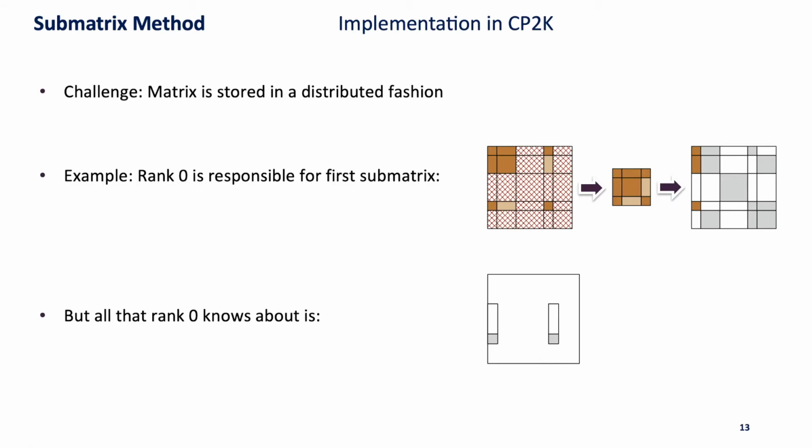Another more difficult challenge is that the matrix is stored in a distributed fashion. So if we take this as an example, we want to create the first submatrix from these blocks, and maybe say rank 0 is responsible to do so, we have a slight problem here because all that rank 0 knows is this partial view on the matrix.